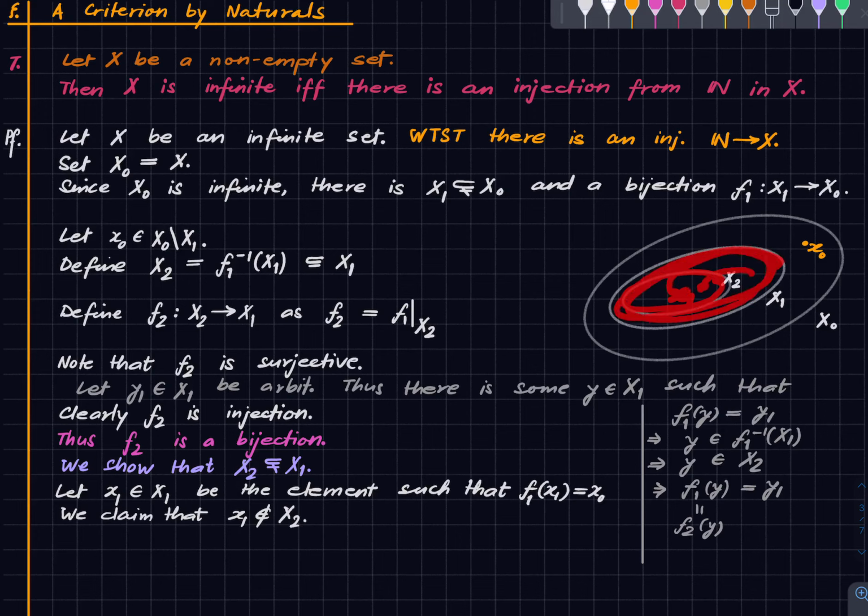You will not go outside X1. Right? And therefore x1 cannot be here. If it were here, then applying the function F1 to it would give us something inside X1. But applying the function F1 to it also gives us x0, which is outside X1. And that would be a contradiction.